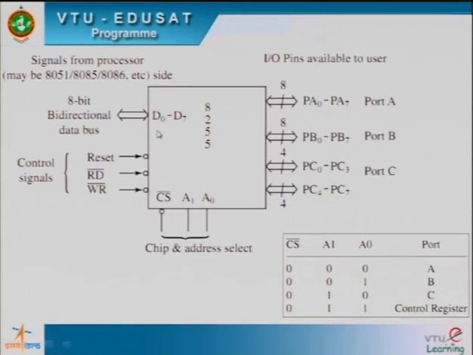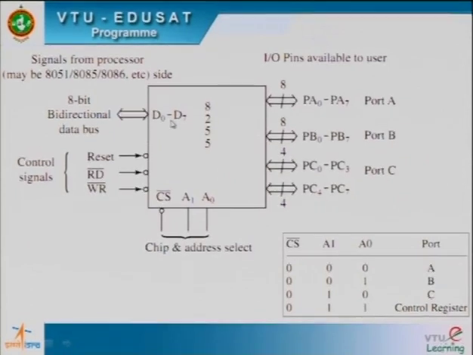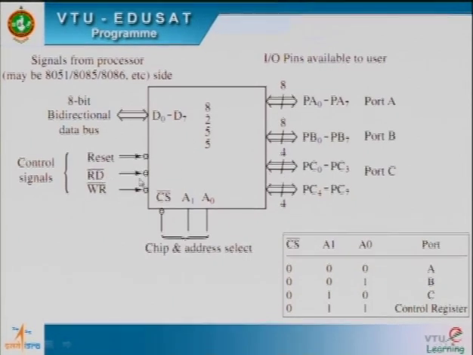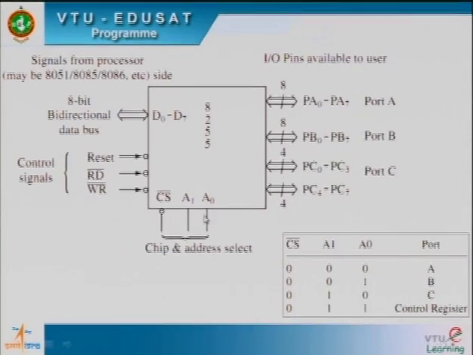And just recapping, you select the port or control word register and direct the data that is there on D0 to D7 to either the port or the control register if it is write bar. If it is read bar, the transfer from the port to D0 to D7 takes place. Once again, that also depends on the address pin status here.